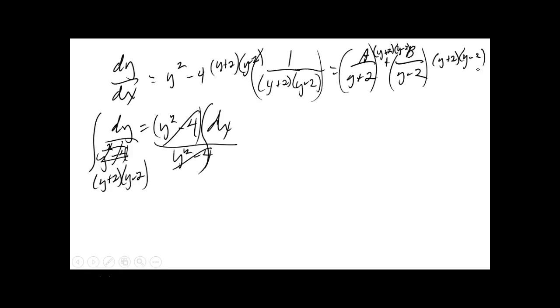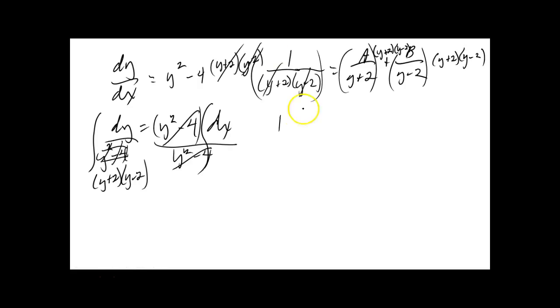Now, here, everything goes out except 1. That's sort of nice, isn't it? Over here, the y plus 2's go out, and you're left with a times y minus 2, right? And here, the y minus 2's go out, and you're left with b times y plus 2. Buy it?